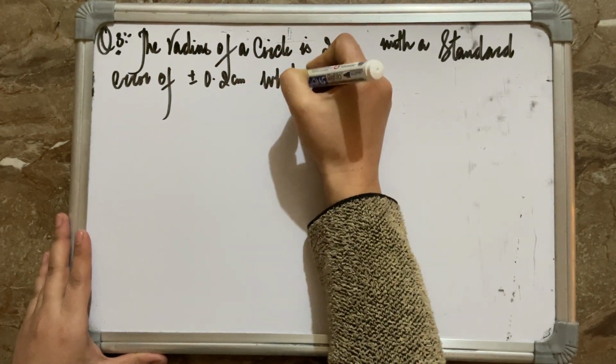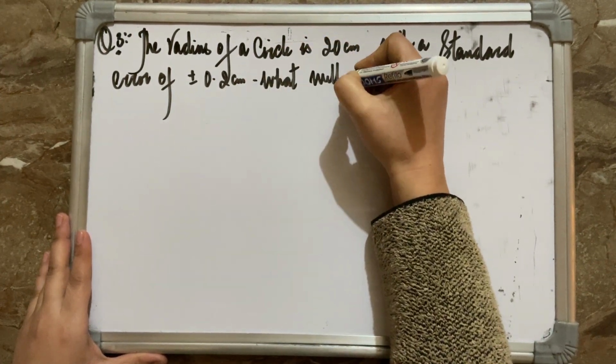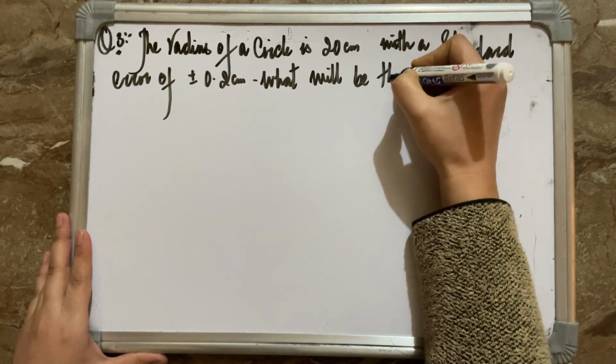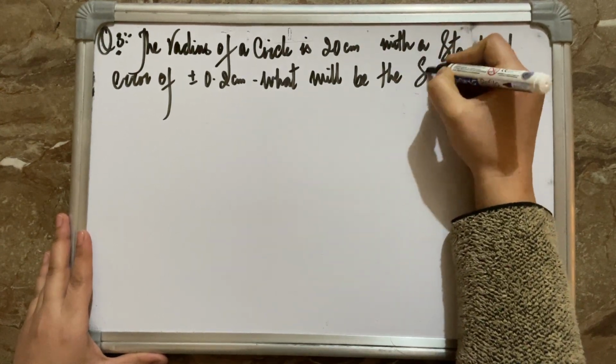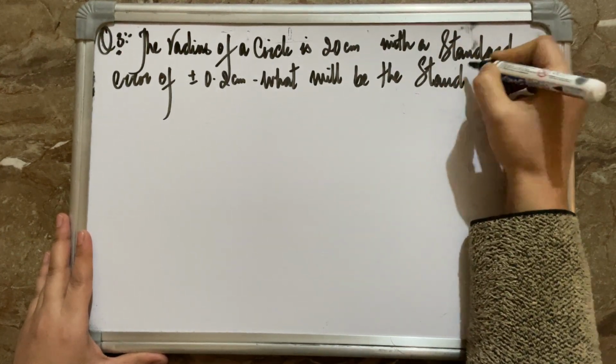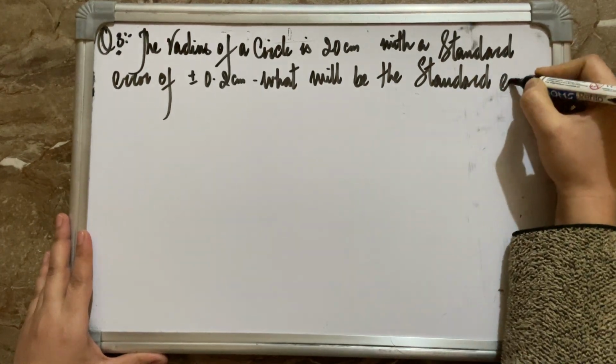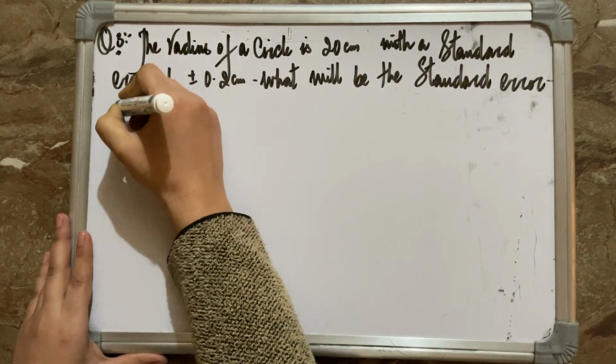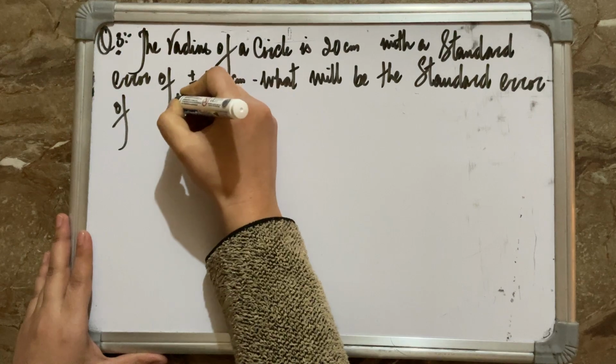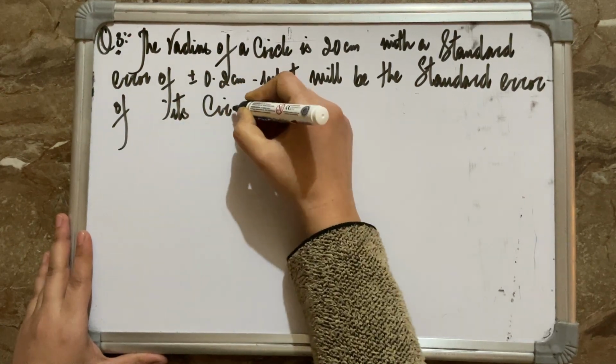What will be the standard error of its circumference?